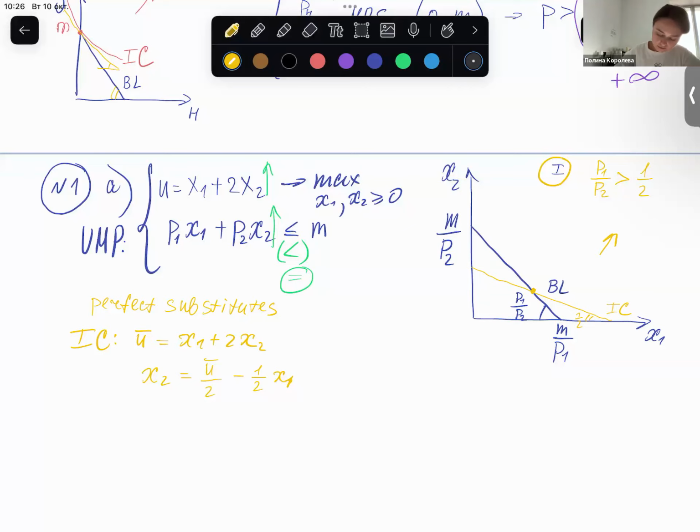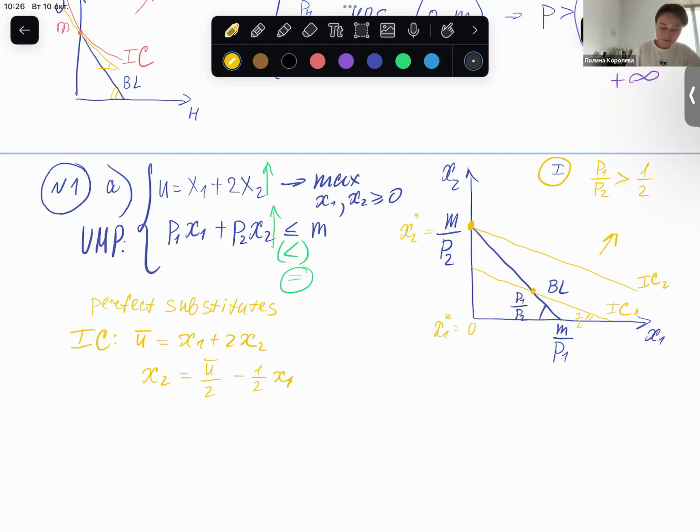The last intersection with the budget line will be here. So this is one more indifference curve, and this will be the solution. So for perfect substitutes, we will have corner solutions. This is the actual demand for x2, and x1 is equal to 0.